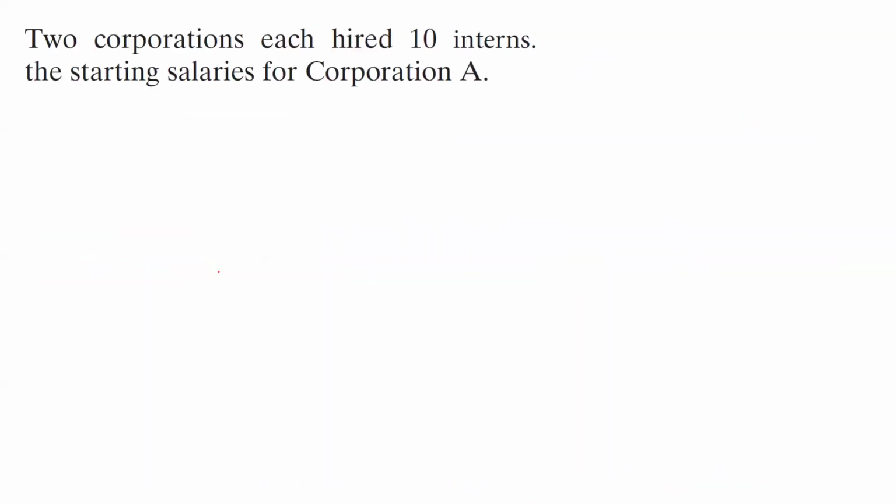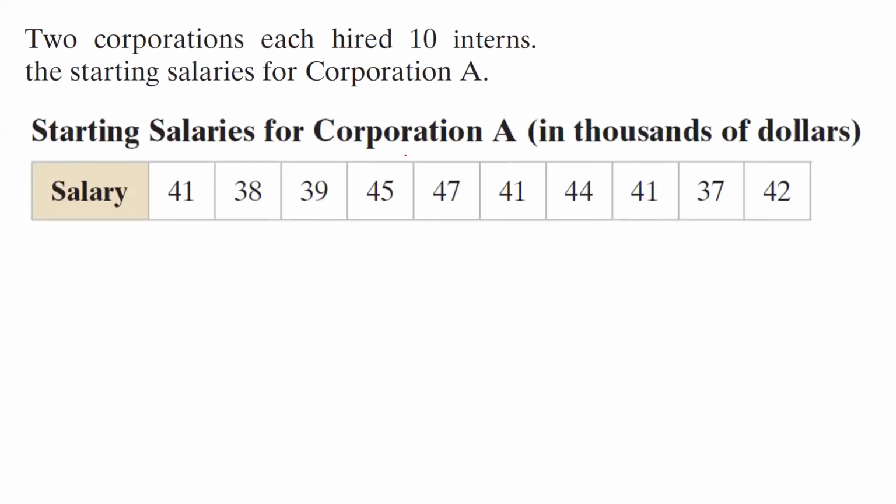Now, let's take a look at this example. We have two corporations, and as a statistician, you collected information about 10 entries that are hired. You have their salary listed below. In the first corporation, the salaries are $41,000, $38,000, $39,000, and so on.